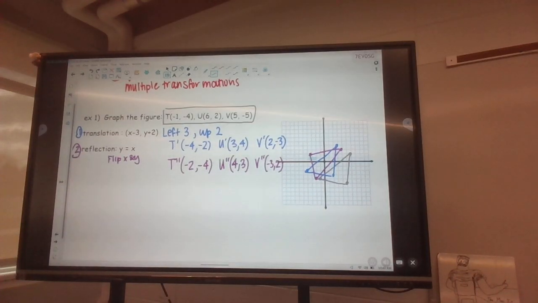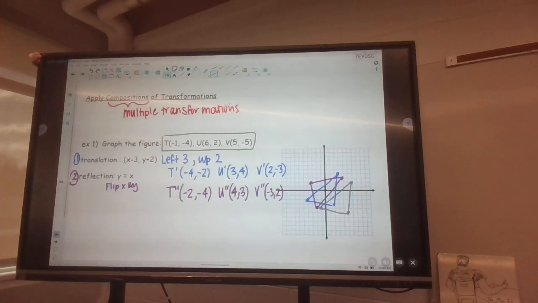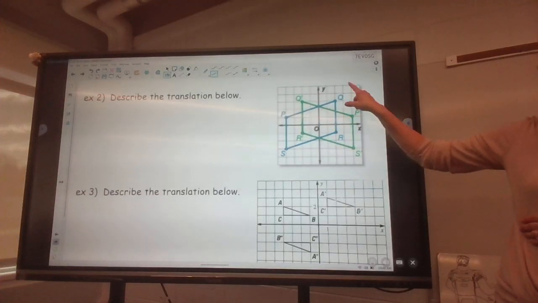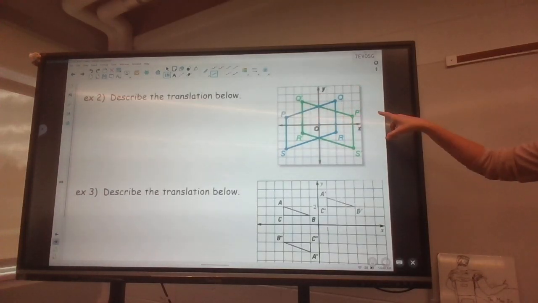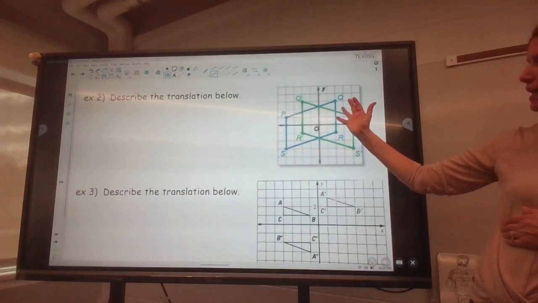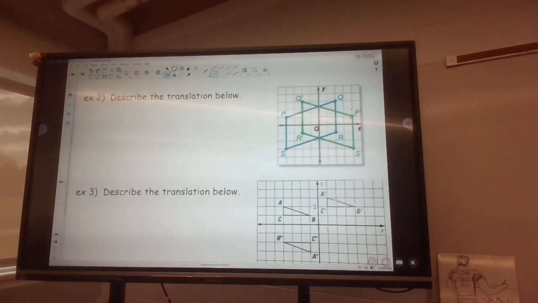And I'm just going to take a quick minute to show you guys what they're asking me to do on the bottom. All they're asking you to do is describe the translation. And remember, the original would be the one without the little apostrophe by it. So Q translated over. I would say that it flips over the y-axis, so you're explaining that, or a y-axis reflection.